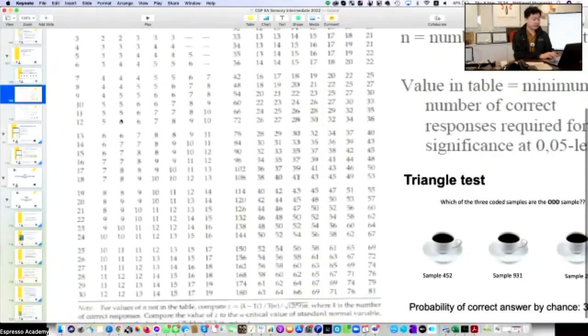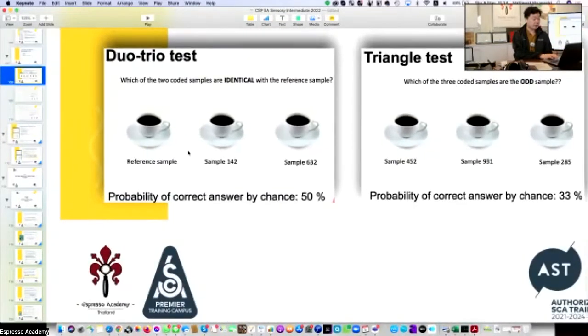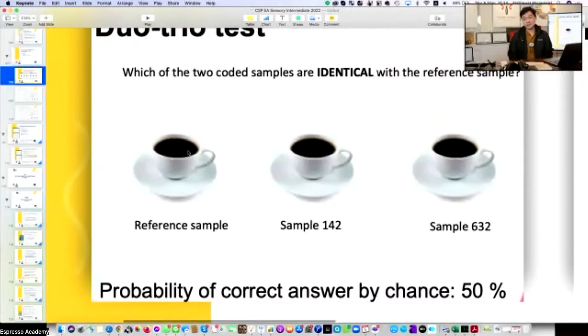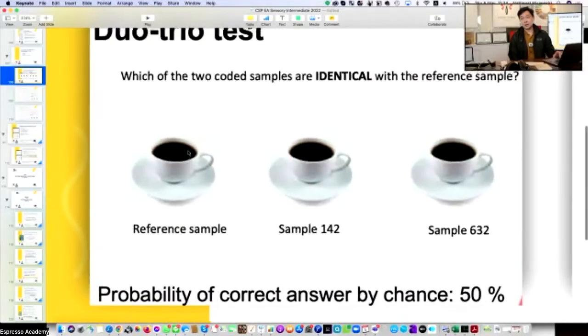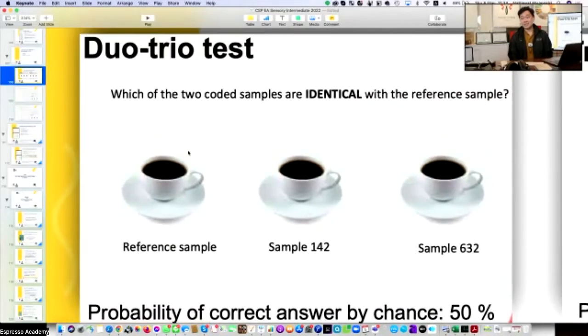So that is the triangulation test. But if you do another one, the duo trio test, this is a different one. For the duo trio test, the chance of getting the right answer is 50-50, because the one on the left is your reference, which the client will know is the reference, then you ask them which one, A 142 or 632, is identical.